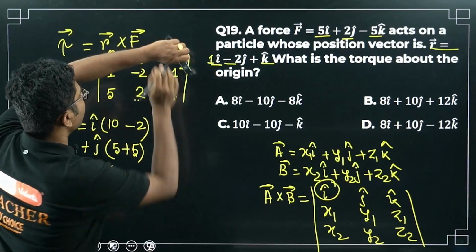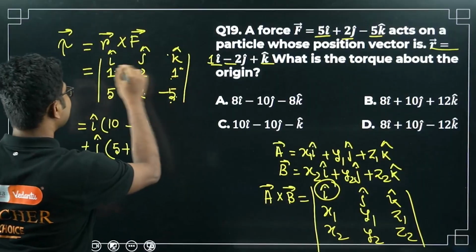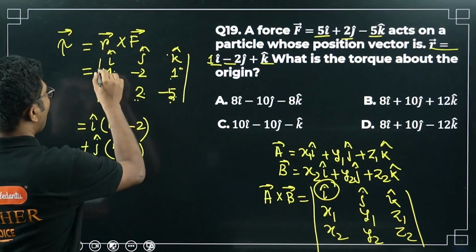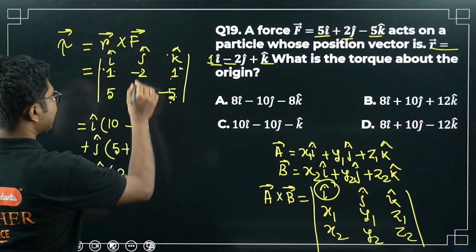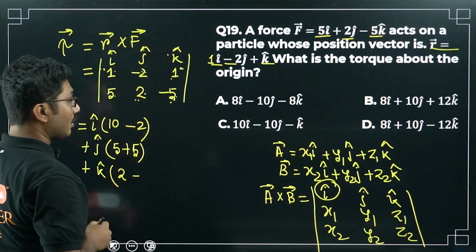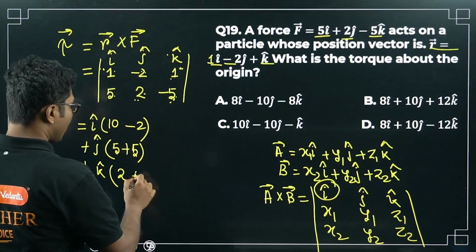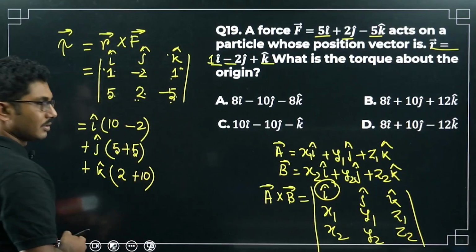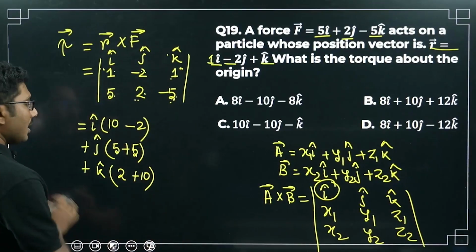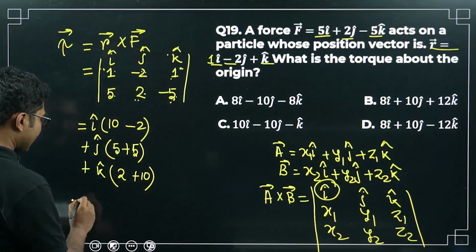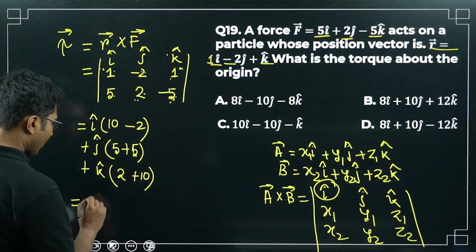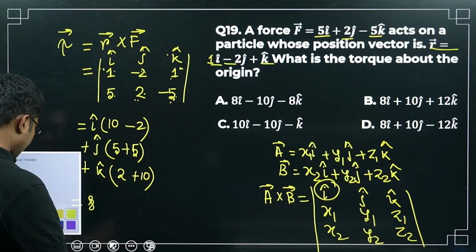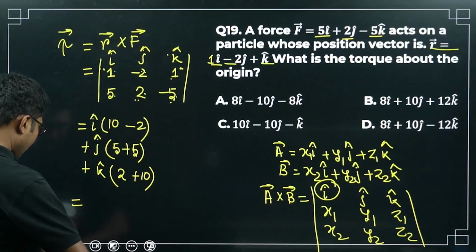For k cap, again we cover this. 1 times 2 is 2, minus 2 times 5 is minus 10, so minus minus plus, it will be plus 10. The way you solve the determinant is up to you. I hope you are masters of solving determinants by now, you are solving too many.